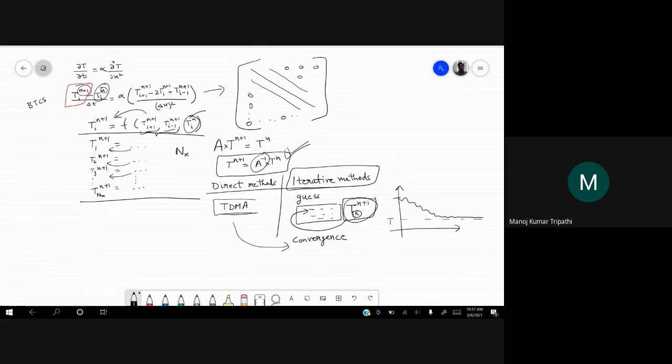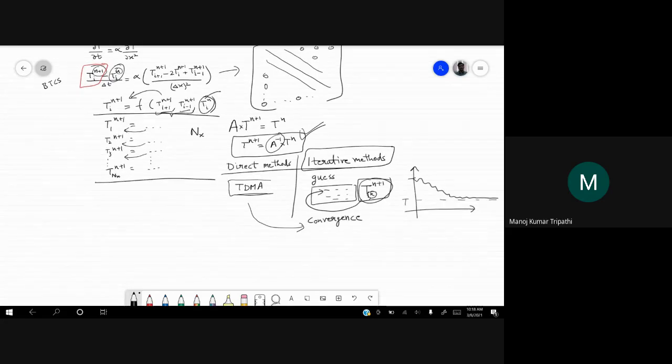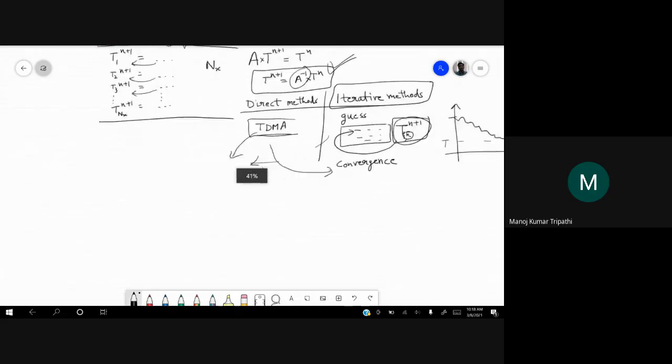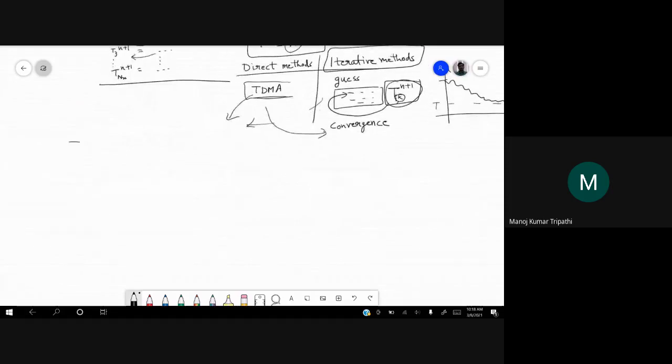But if you have a pentadiagonal matrix or more diagonals in case of 3D, then it is not applicable. Generally, the practical problems are in 2 or 3 dimensions, so there this method is not applicable. But there are extensions of this method which you can use along with iterative methods. Is there any question up to this point?